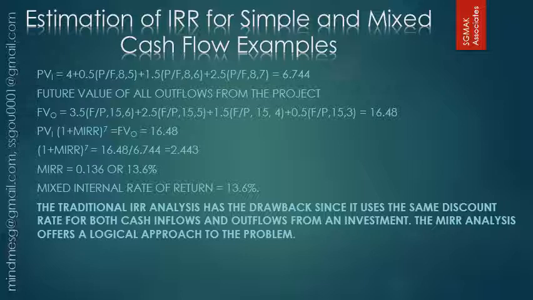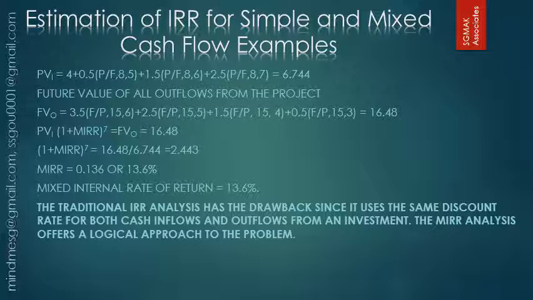So you see 4, plus the amounts multiplied by the corresponding factors, and all of them are P over F factors at 8%, because we are converting future cash flow to present value. So the present value comes out to be $6.744 million. All the inflow is brought to present value, discounted at 8%, because that's the borrowing rate.